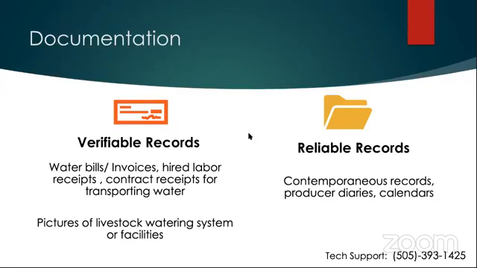We will need a picture of the livestock watering system or facility. Like I said, that can just be your dirt tanks or ponds that are completely dried up, your windmill or whatever water source, or the creeks that totally dried up because of the drought. We will need a picture of that to put in your file.